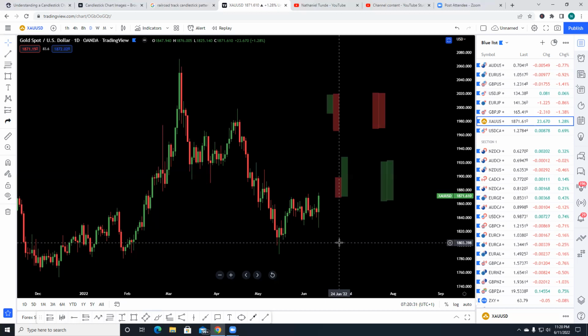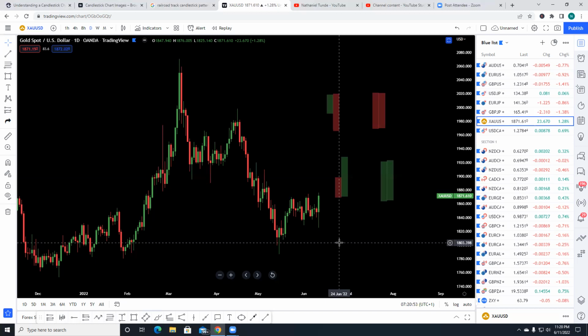And number 3, at what level of structure should you be looking at this candlestick pattern? Is it everywhere in the chart that it works? Is it that when you see it anywhere, it makes sense? No, it's not everywhere you see it that it matters.